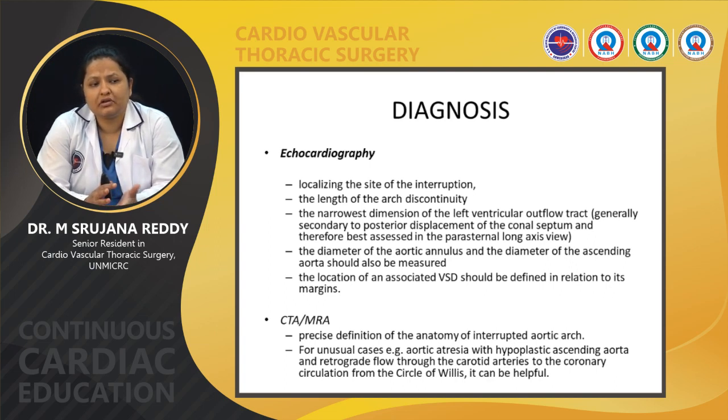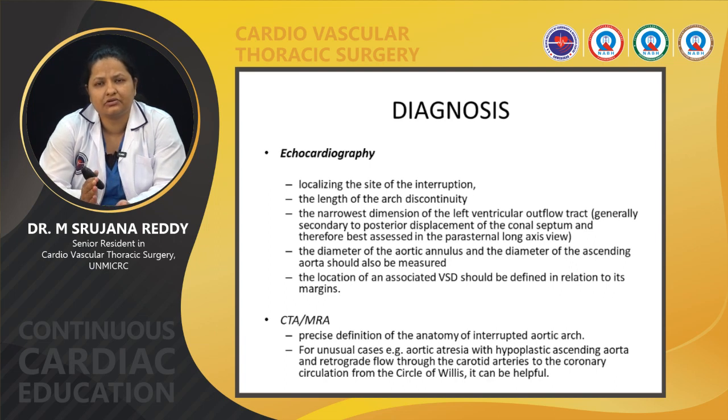CT angiography or MR angiography can be used. CT has a better spatial resolution and gives a precise definition of the anatomy of the interrupted aortic arch. MR angiography can be used for very unusual cases, for example in aortic atresia with hyperplastic ascending aorta, where there is retrograde flow through the carotid arteries to the coronary circulation from the circle of Willis, which can occasionally be seen.